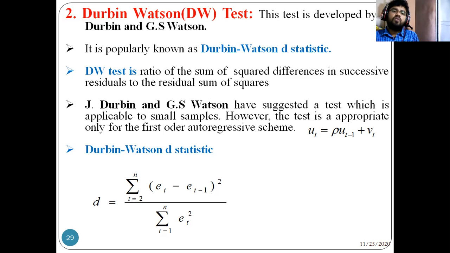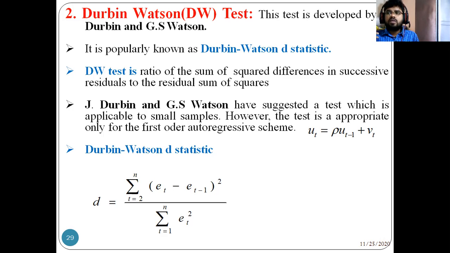So how can we calculate it, what does the DW test mean? Simply, it is a ratio of the sum of square differences in successive residuals, nothing but errors. When you find the errors, that is y minus y cap, the actual value minus the estimated value, you get the errors.